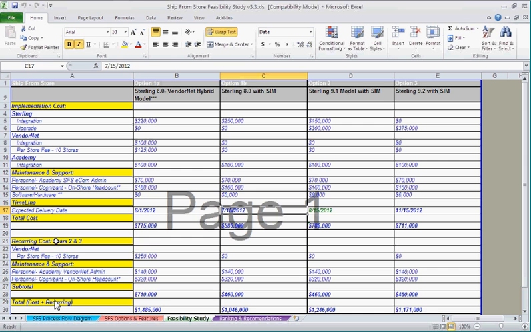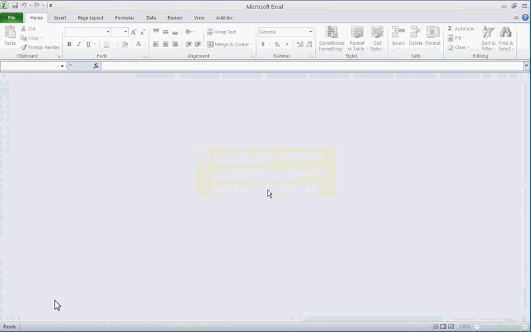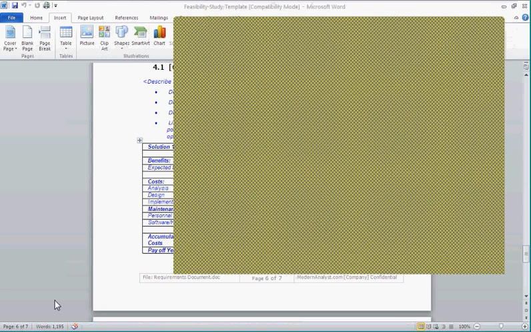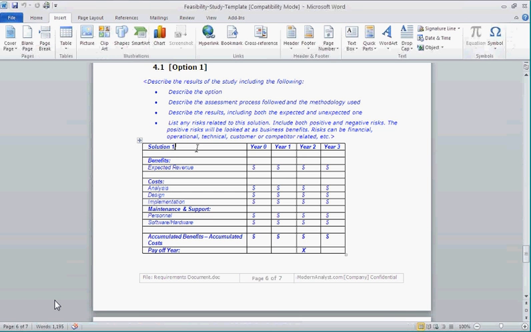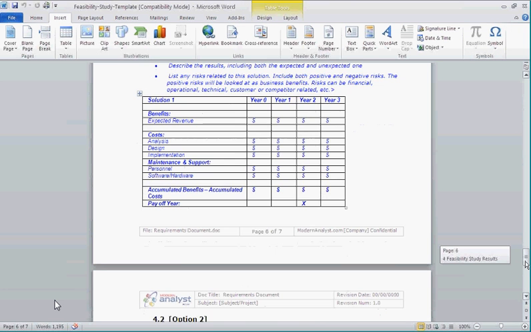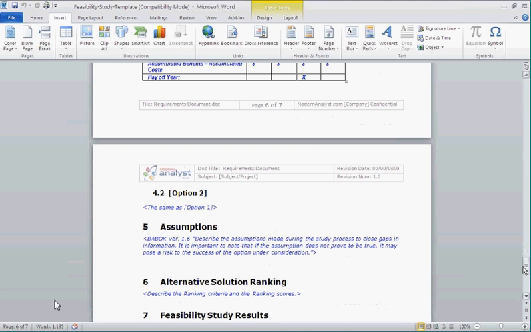Do you see how I have the recurring costs right here? Okay. So you can compare different options in the same table if you want to. All right? Or you can do it the way we have option 1, option 2, option 3, however many options you are evaluating at this time. You will do the same study, same feasibility analysis or cost benefit analysis for all of those options. Are you clear?